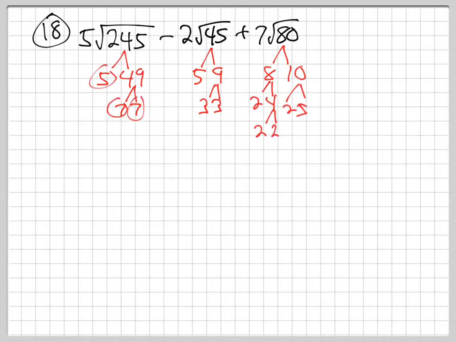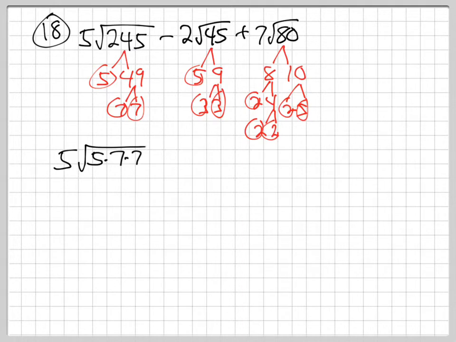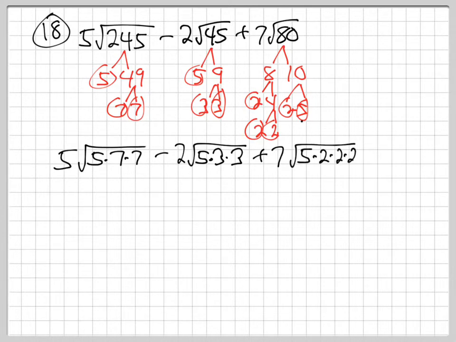So 5, 7, 7. Remember, you take all the little primes, the numbers that can't break down anymore. Those are the building blocks of the numbers. So we have 5 square root of 5 7 7, minus 2 square root of 5 3 3, plus 7 square root of 5 and four 2's.